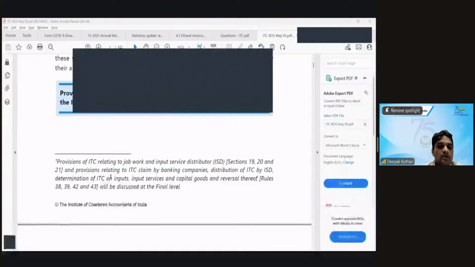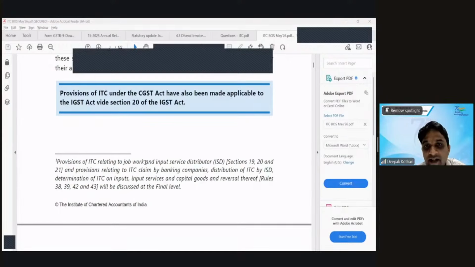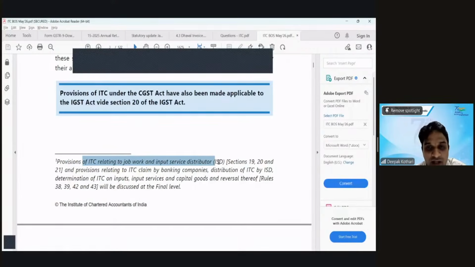Okay. So the first question is in respect of ITC reversal for capital goods. See this, your study material itself says that provisions of ITC relating to job work and input service distributor, that is sections 19, 20 and 21, and provisions relating to ITC claimed by banking companies, distribution of ITC by ISD, determination of ITC on inputs, input services, and capital goods, and reversal thereof will be discussed at the final level.